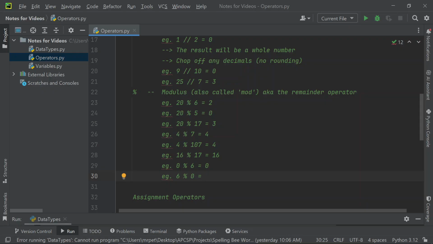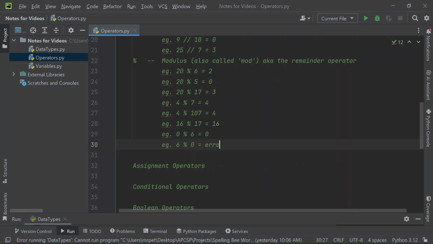If we divide 6 by 0, we know that's an issue in math. We say that that is undefined or infinity, or there's a few other words for describing it. But basically we can't do it. Same thing with Python. If we try to do 6 mod 0, we will get an actual error. And in fact, it'll be a zero division error, I believe.